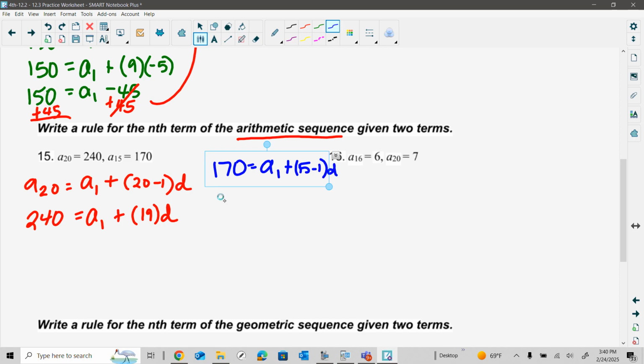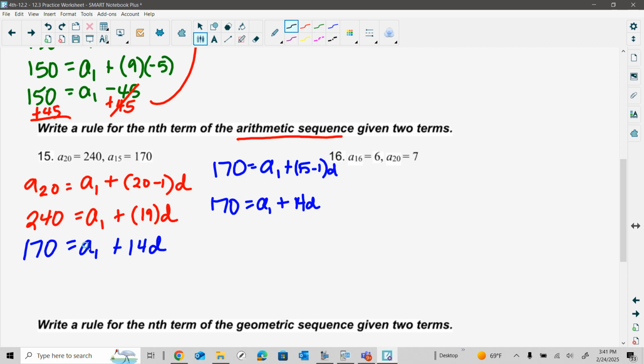So when I simplify this, 170 equals a sub 1 plus 14d. Okay. So what I'm doing is I'm going to line these up. I'll put it right here, plus 14d. And what I'm going to do is try to do elimination to solve for a sub 1, or to solve for d, the difference.